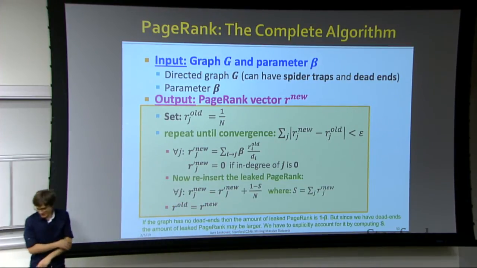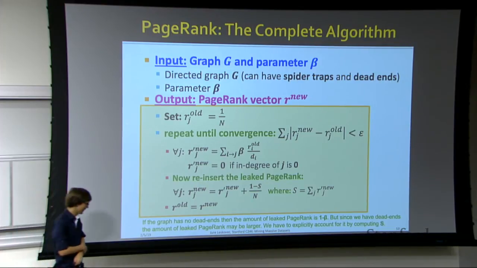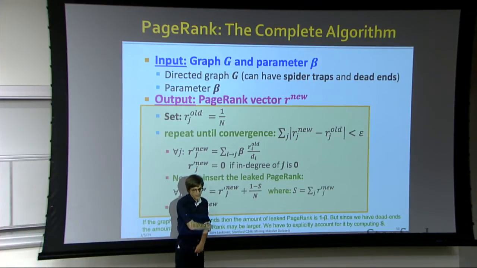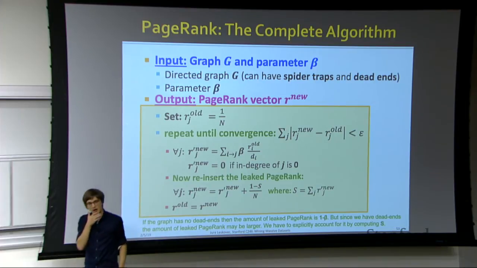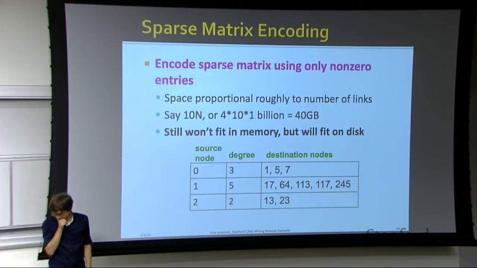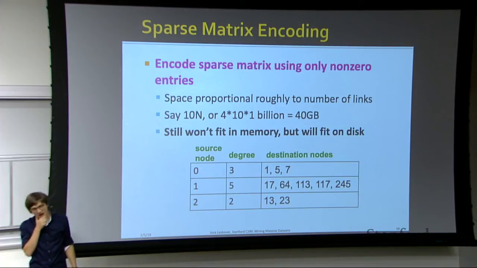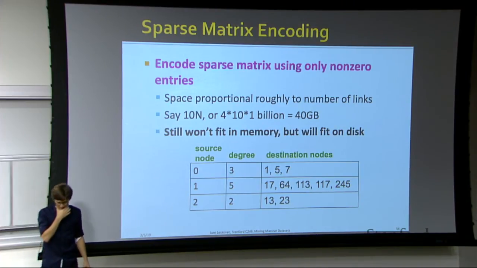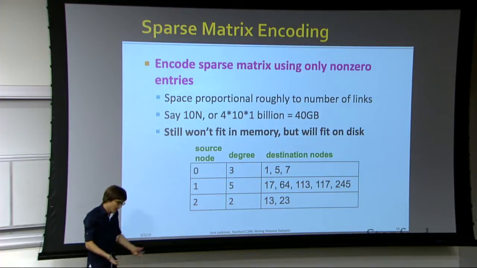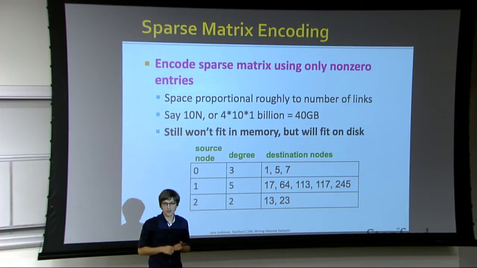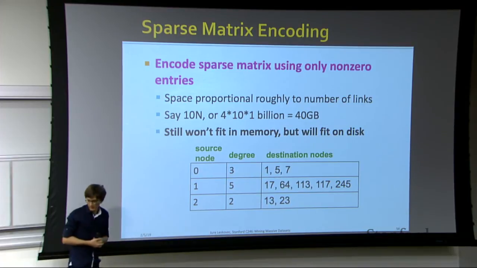Okay. So here is the algorithm, and if your graph fits into memory, this is how you would compute these things. Now, what if your graph doesn't fit into memory? How does Google do this on billions or trillions of pages? There must be a scalable way to do this.